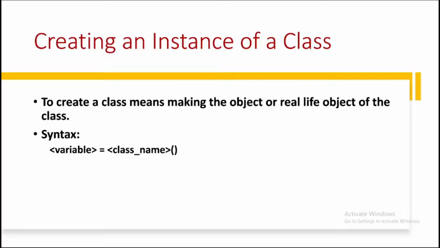So let us understand how to create an instance of a class. As I said, an instance is nothing but a real life object of the class. If you remember, as I told, fruits, the list of fruits as the variable, is an object that contains the real life implementation of the list class.